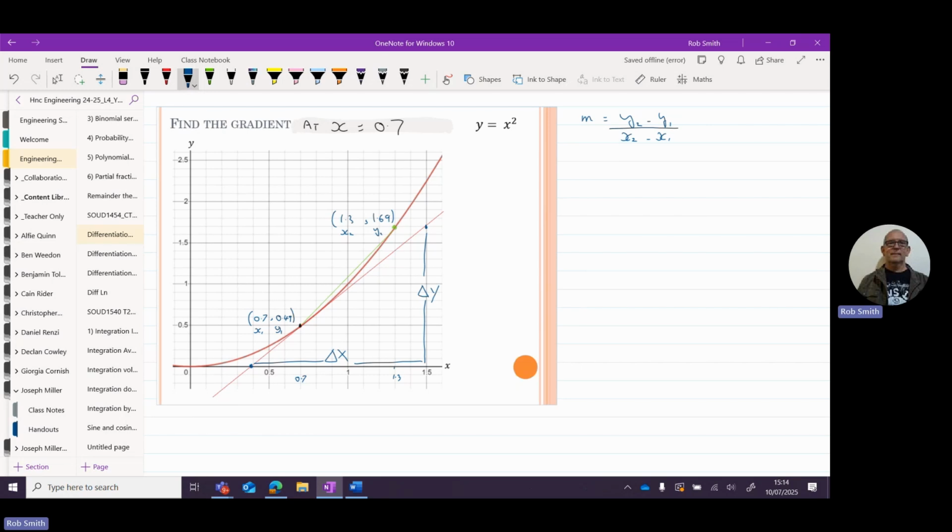So for the gradient, we went to 1.3, that's how far away we put the line. So the gradient is y2, which was 1.69, take away y1, which is 0.49, and divide it by x2, which was 1.3, take away 0.7.